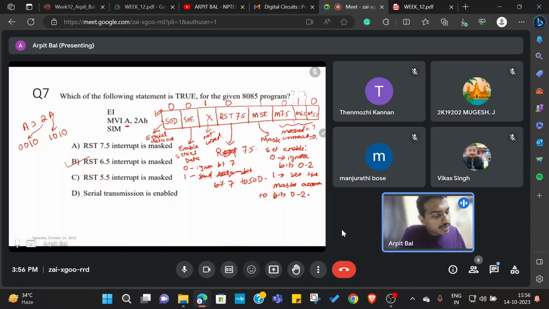Okay, so let us say I do EI, MVI A, 2BH, SIM. Can anyone tell me what is actually going to happen in this case?